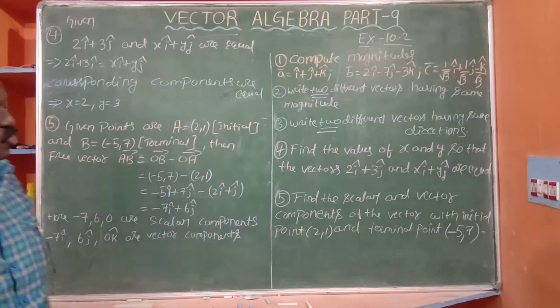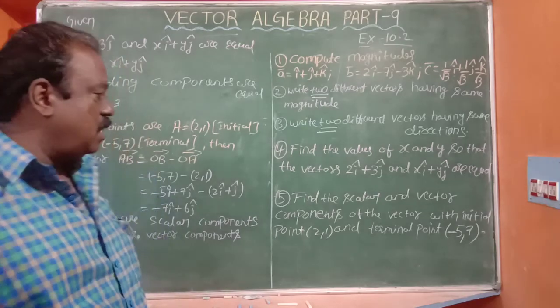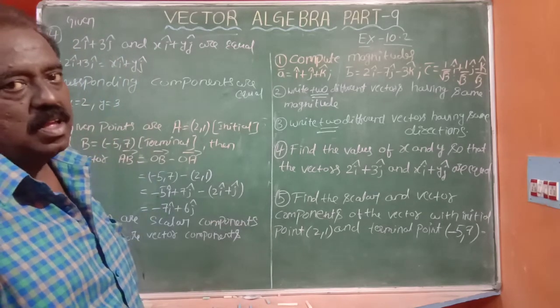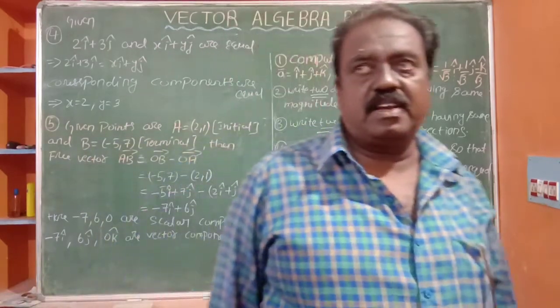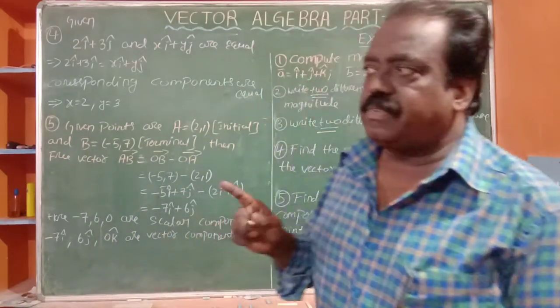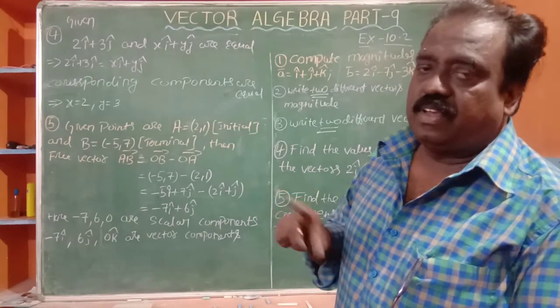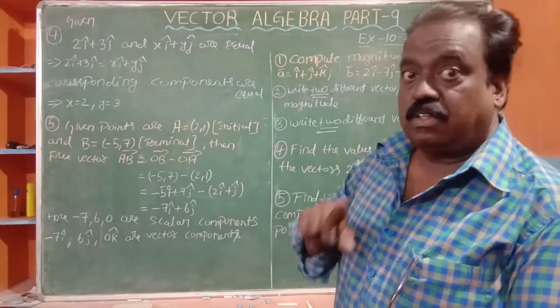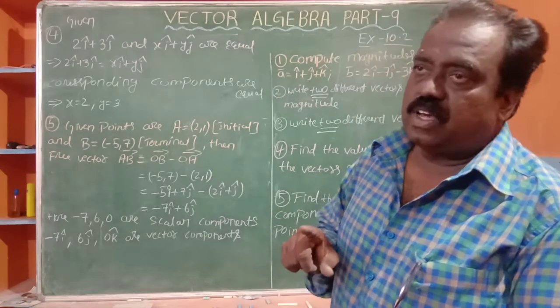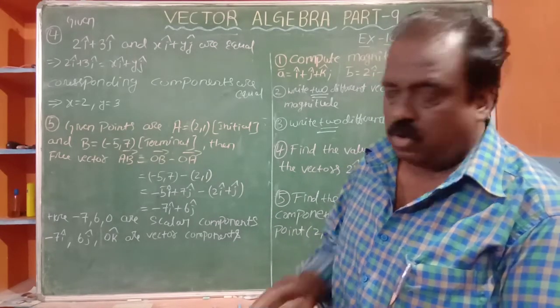Find the scalar and vector components. Already I told you, if a free vector is there, the coefficients of i, j, k, that is x, y, z, are components. Those are scalar components. DRs are also like that, don't confuse.